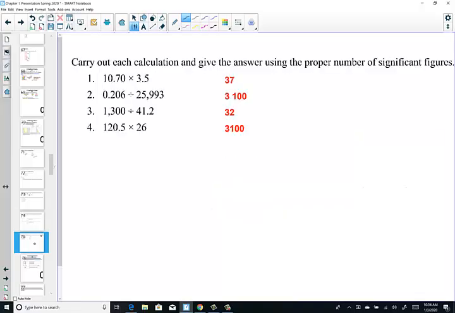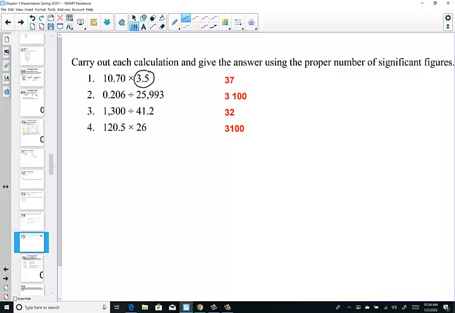Welcome back. You must be ready to check. 10.70 times 3.5, we are only reporting 2 significant figures, so the value becomes 37. 0.206 divided by 25.993.